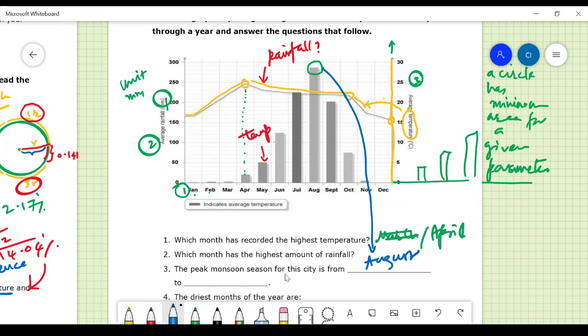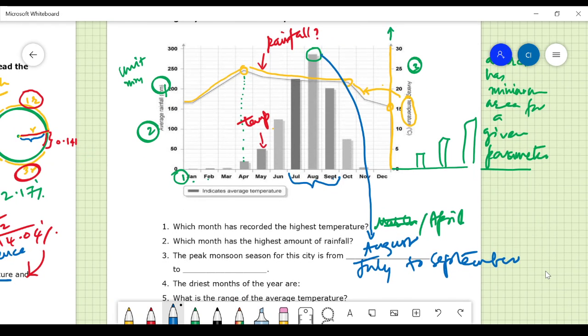The peak monsoon for this city is from... peak monsoon means it is the rainy season there. So you just have to write from July to September. July, August, September, like that. So you are going to write something like an essay for that.